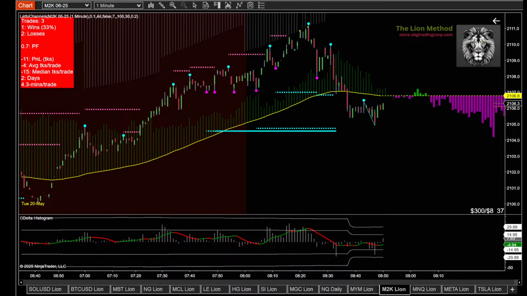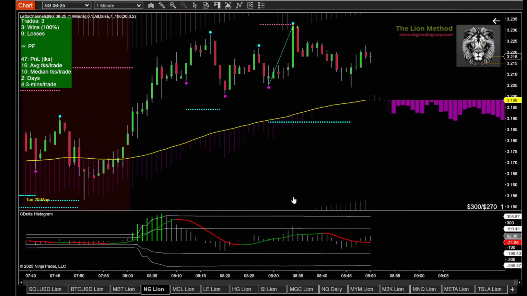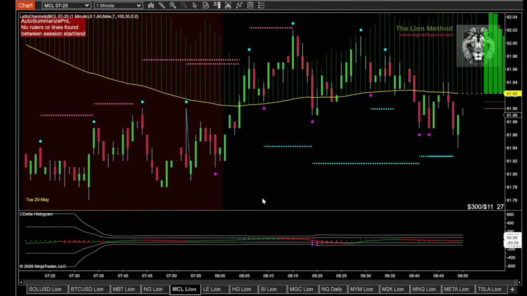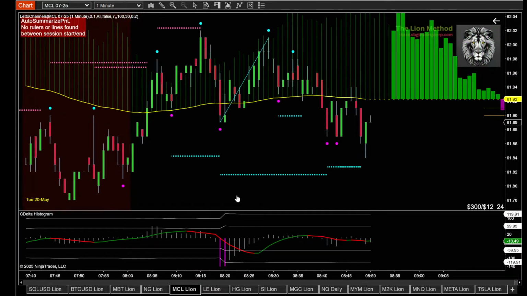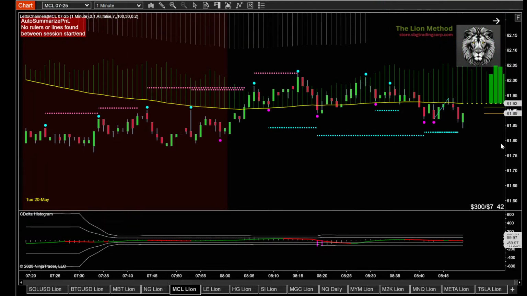All right, so let's take a look. Let's get a good example of an entry here for the Lion system. What we first want to do is look for an overbought, oversold area.